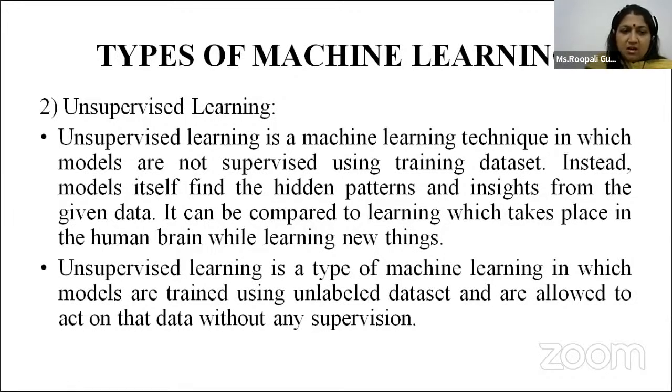In the same way, unsupervised learning works. It gathers all the data which has the same type of patterns or insights, right? So unsupervised learning is a type of machine learning in which models are trained using an unlabeled dataset and allowed to act on that data without any supervision, right?